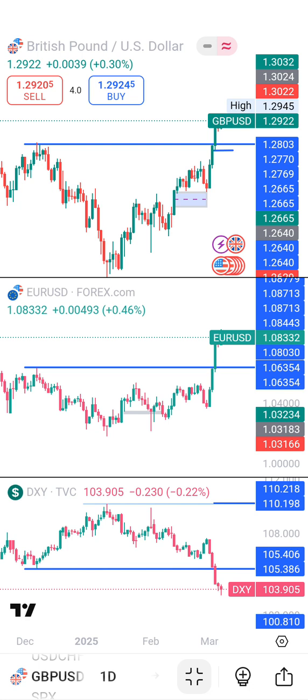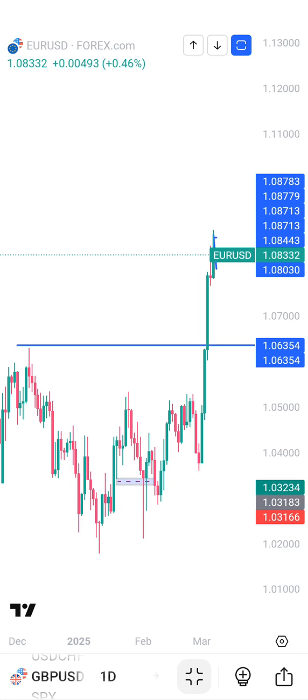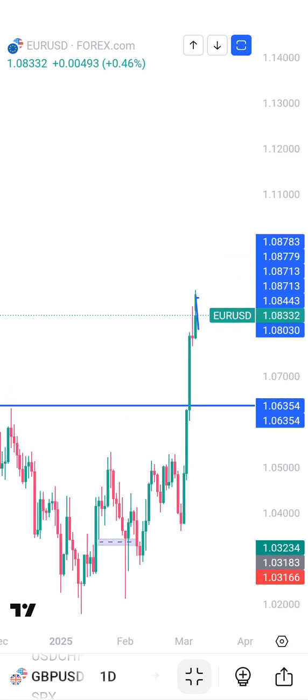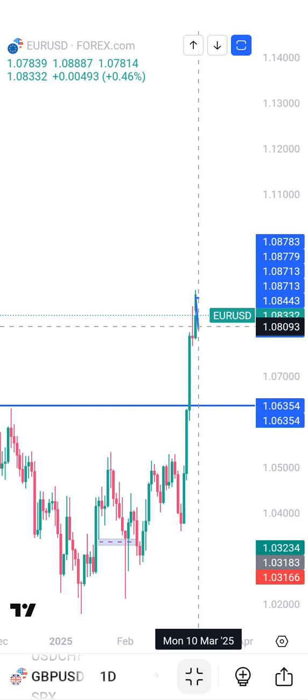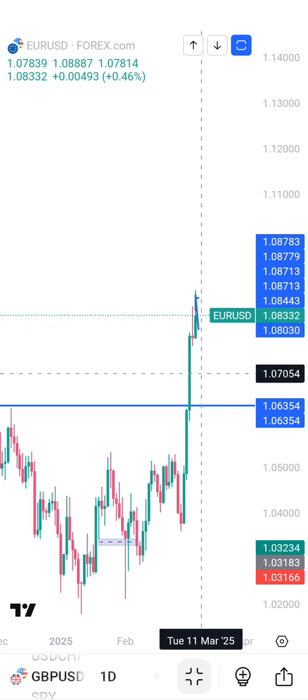All right, so in this case we expect the market to breathe in a little bit before continuing in its direction. So in my opinion, from anticipation, all you need to do is look out for a sell scenario.